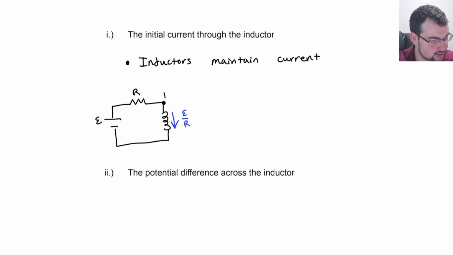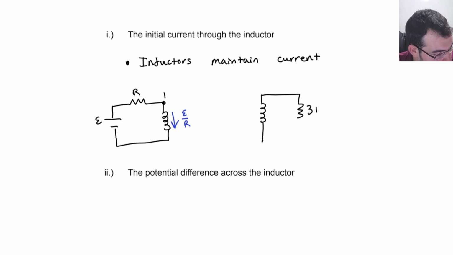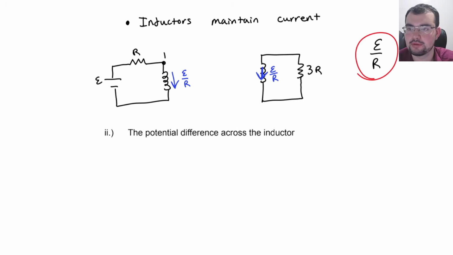Because if we instantly flip that switch to the other position, that essentially creates this circuit. And we know that inductors maintain currents at short times. So this current will stay E over R shortly. Now, of course, it's going to exponentially decay, but at a short time, it's just going to be the expected Ohm's law current, E over R.